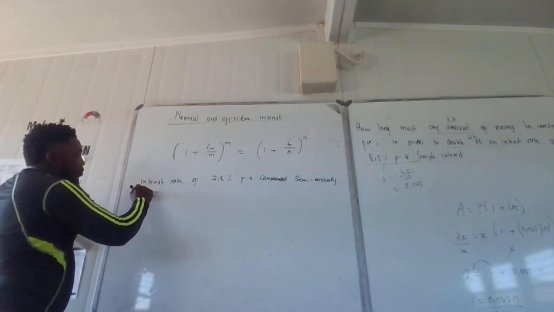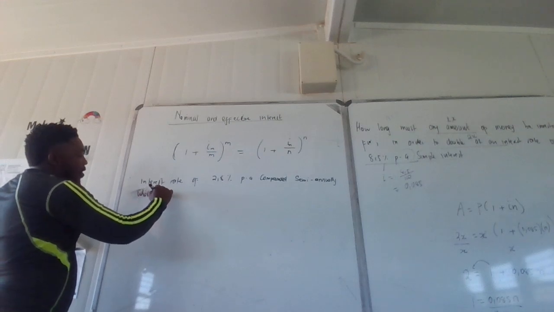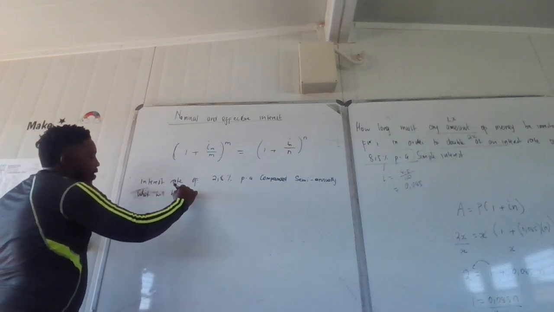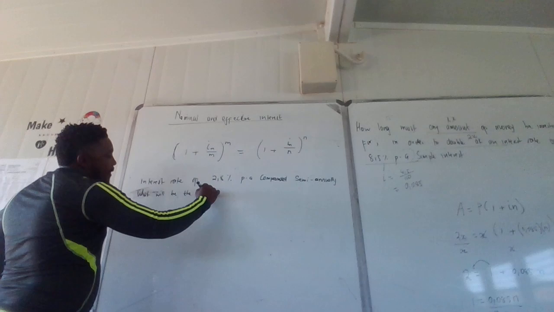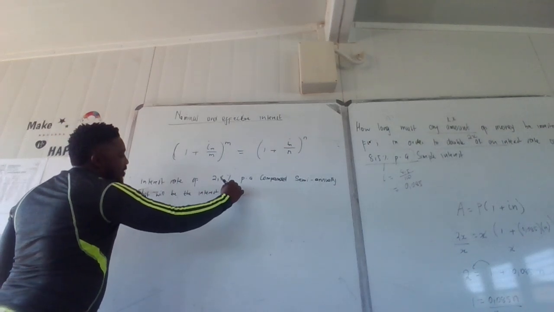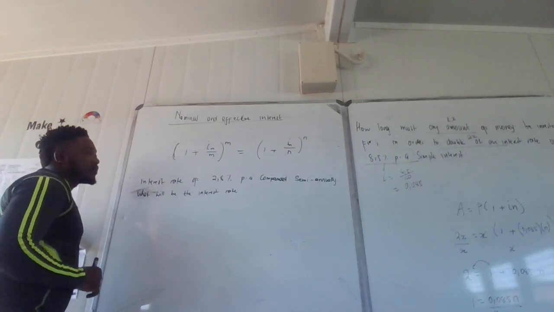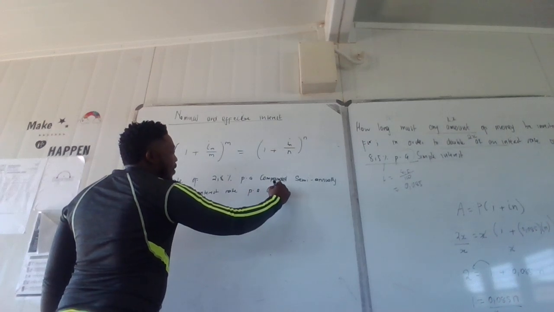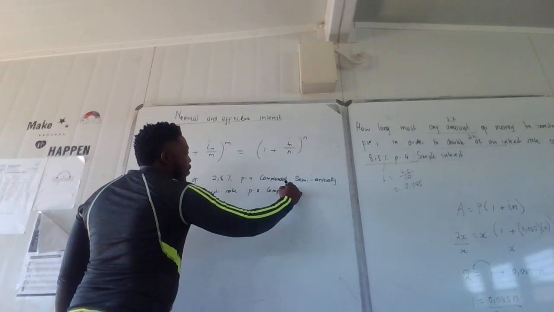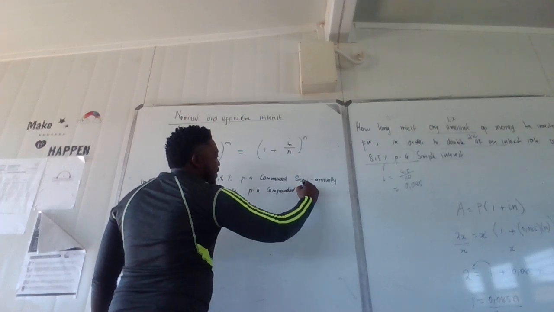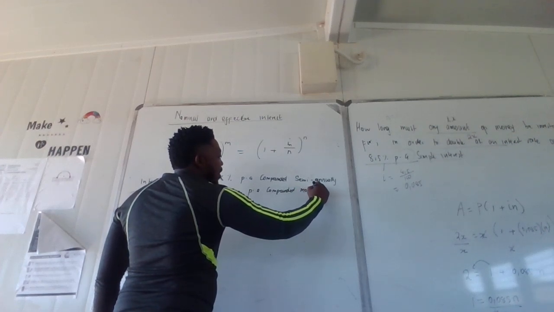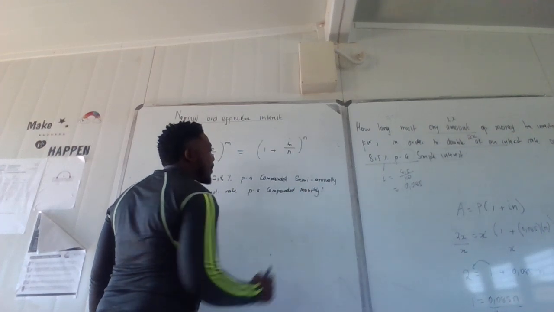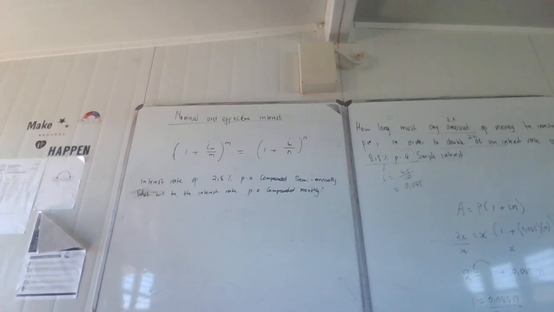Okay, let me just say, what will be the interest rate per annum compounded monthly. This is just interest 11.